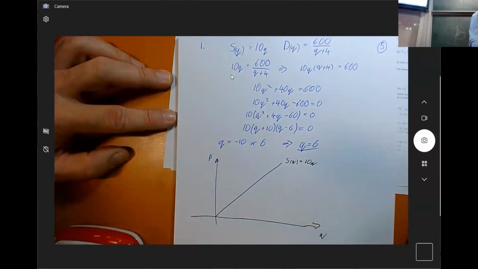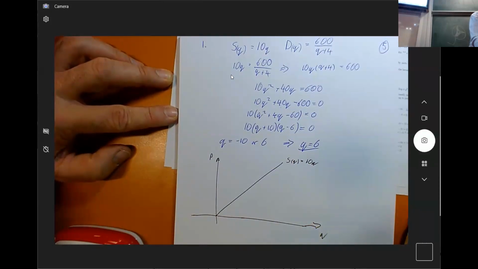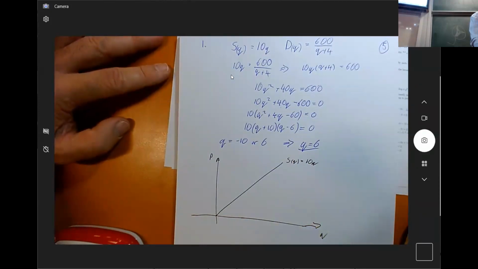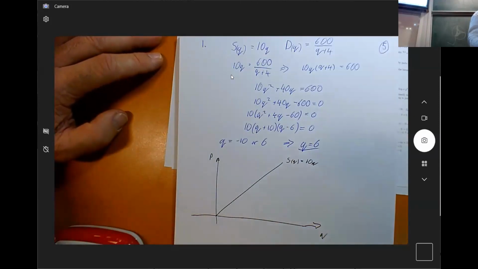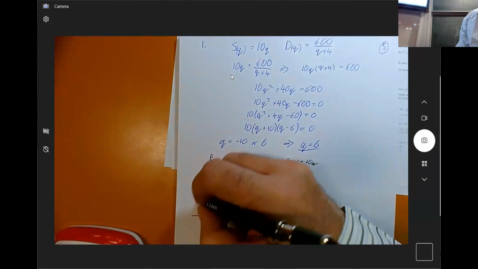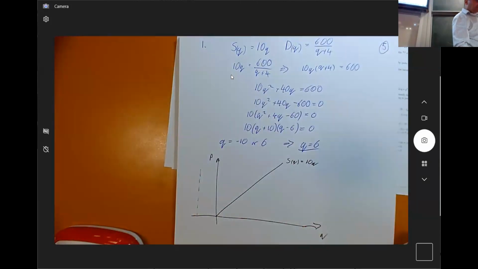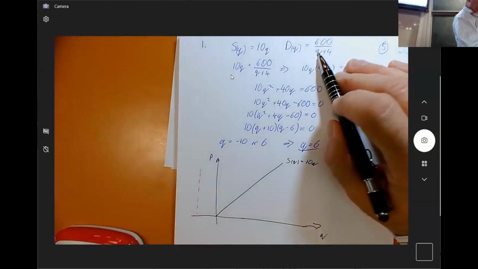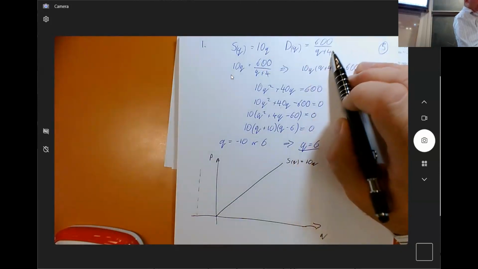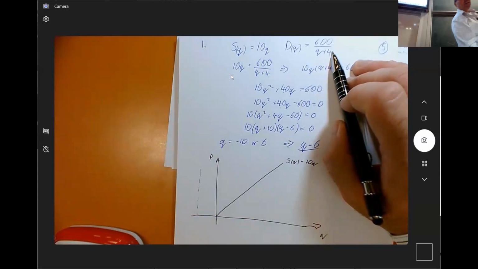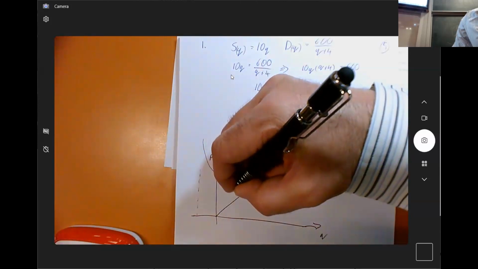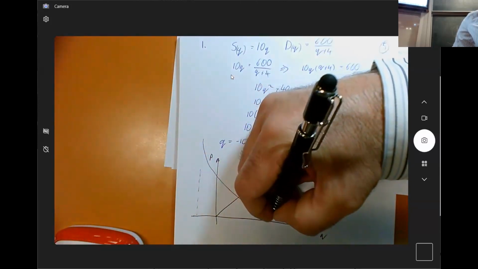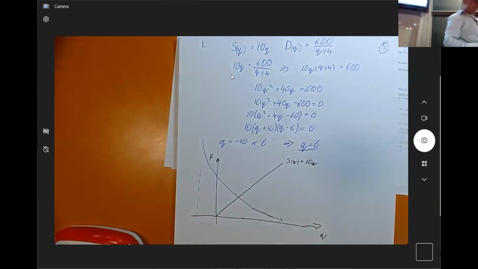And when I look at my demand curve, if I put in Q equal to 0, I'm going to get 600 divided by 4, which should be 150. And you notice I kind of drew in the asymptote, even though it's not going to go through that point.